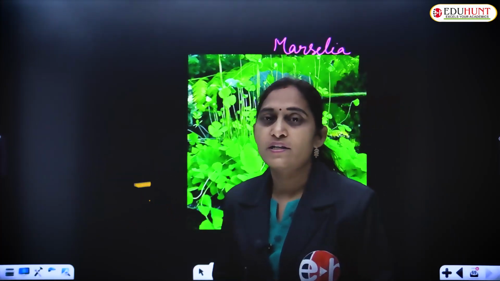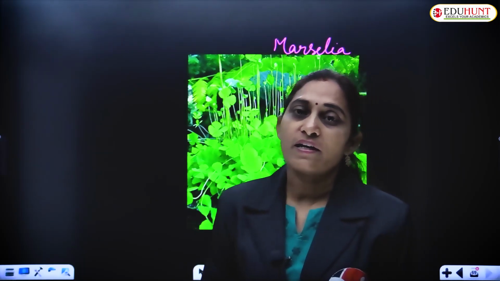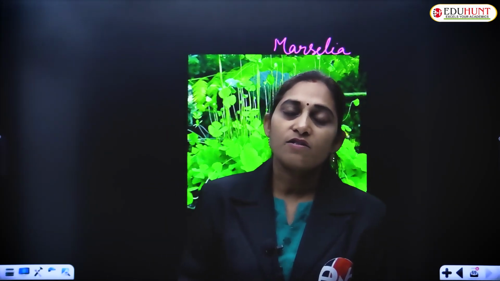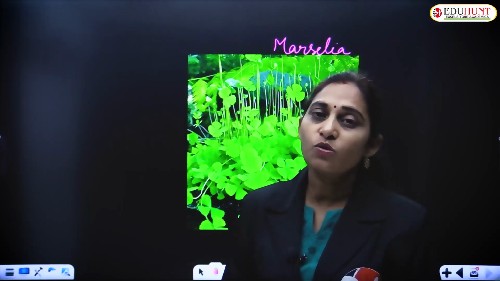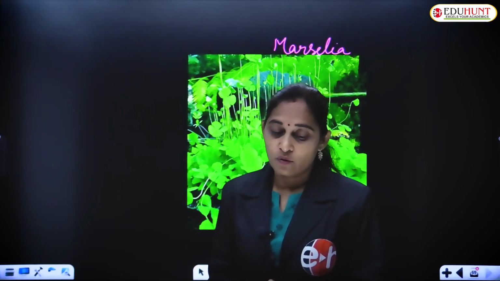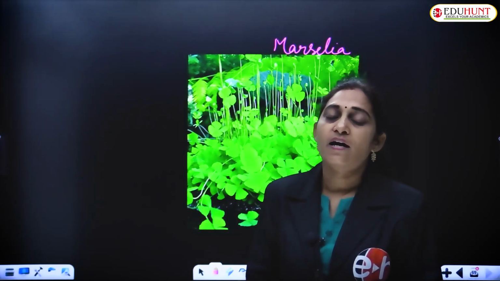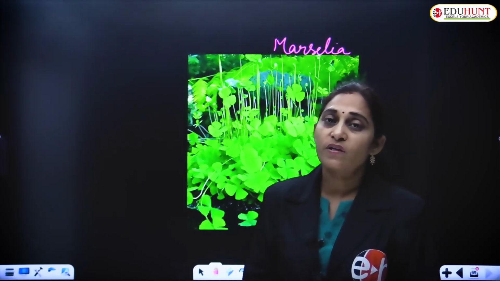So with this we have finished Pteridophyta, general characters and classification. So the general characters are: these are the true land plants, first true land plants, and vasculature developed, and the sporophyte is the dominant phase of the life cycle, and they reproduce vegetatively as well as sexually.